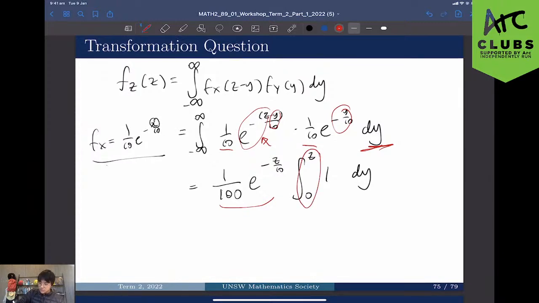Since z is equal to x plus y, z minus y, which is x, is greater than 0, because that's given in the question. If we rearrange this inequality, we get that y is less than z, and we know that y is greater than 0. So the domain for y is going to be between 0 and z.